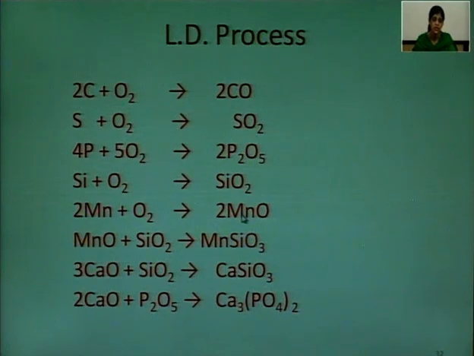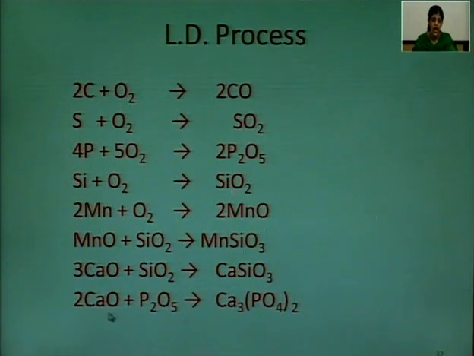As we have seen in the last process also, carbon monoxide and sulfur dioxide, being gases, will move out. Manganese oxide will react with silicon oxide to form manganese silicate. Calcium oxide will react with silicon oxide to form calcium silicate.